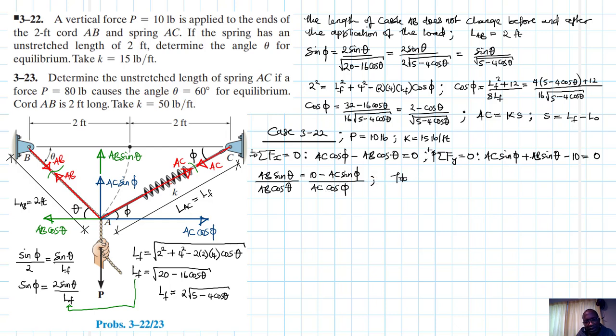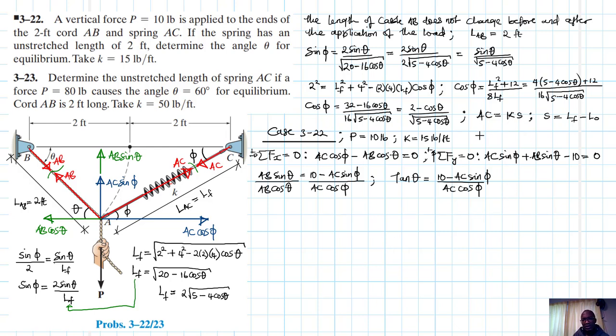So this becomes tan theta equal to 10 minus AC sine phi divided by AC cos phi. Now we've generated one equation that gets rid of AB, which is great. In this equation we have sine phi and sine theta, which we just need to rewrite, and also replace AC.